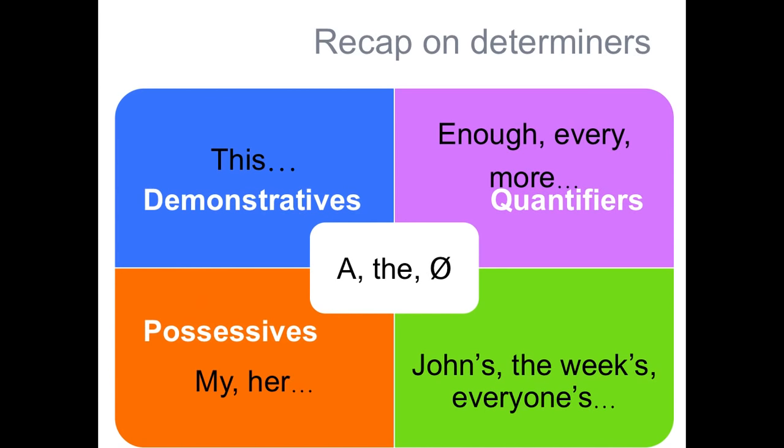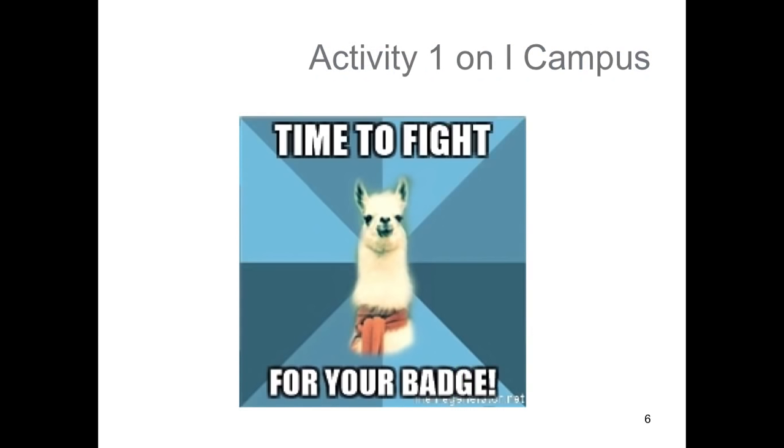There you have possessives like my, her, his, your, etc. Genitives: John's, the week's, everyone's, etc. And finally, articles: a, the, and the null article. So we're going to give special attention to articles, and you will study the rest later. At that point, you should be able to complete activity 1 on eCampus, which you should do.